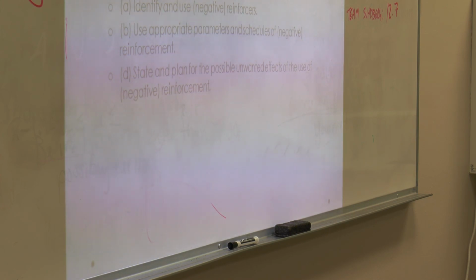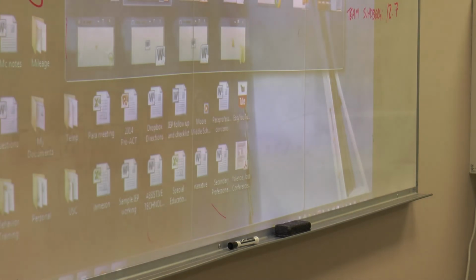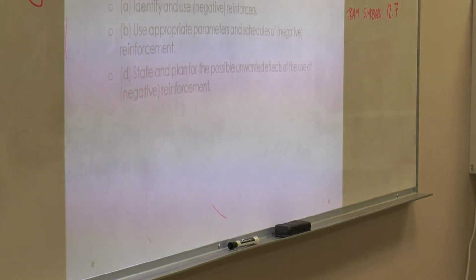Next: state and plan for the possible unwanted effects of the use of negative reinforcement. We didn't talk about this, so I apologize. Sometimes when you remove things, say a kid is being physically aggressive and has a preferred toy, as soon as they become physically aggressive you take the toy away because you want to increase appropriate behavior.